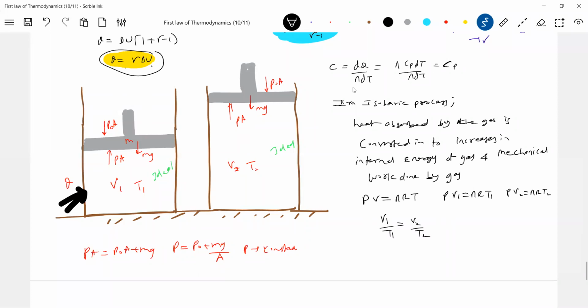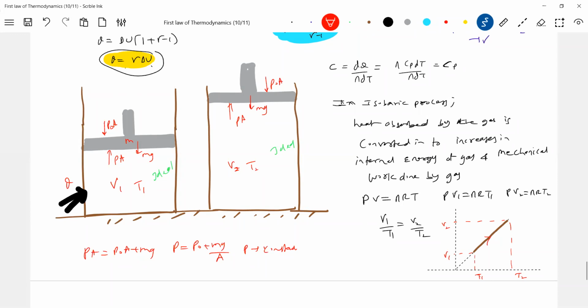So therefore, if you plot a volume versus temperature graph, and the straight line passes through the origin, what process will it be? It must be an isobaric process. This will be V1, V2, T1, T2.